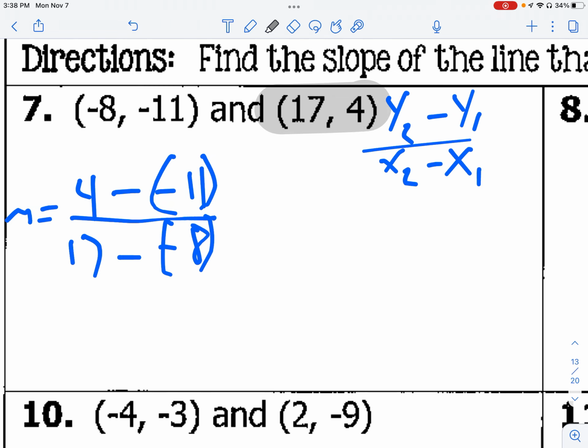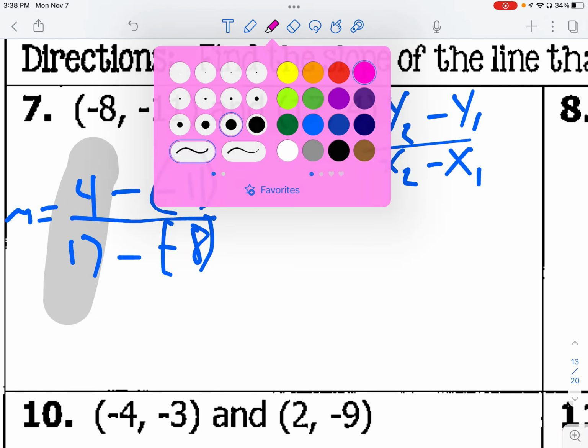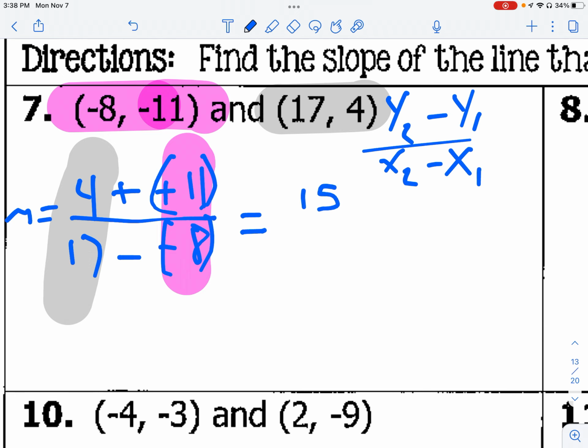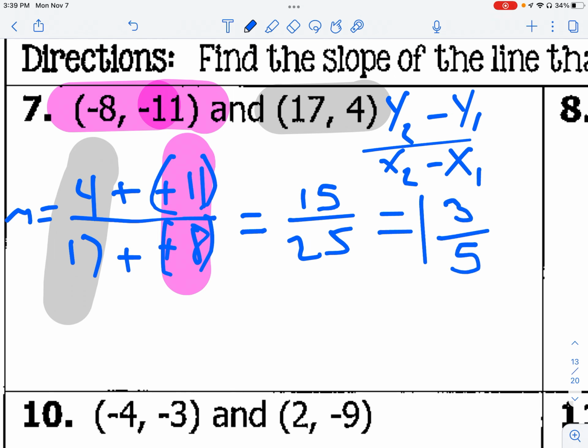And as you can see, these guys are here on top of each other. So 4 plus 11 is 15. 17 plus 8 is 25, which is going to reduce down to 3/5. m equals 3/5.